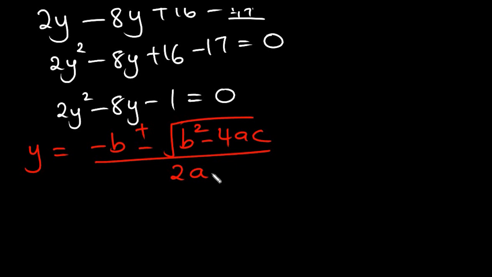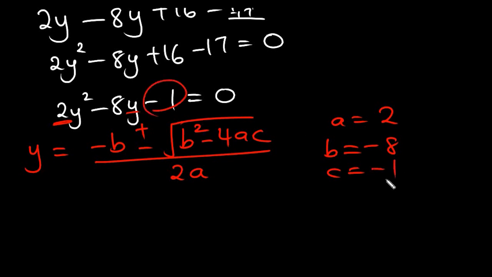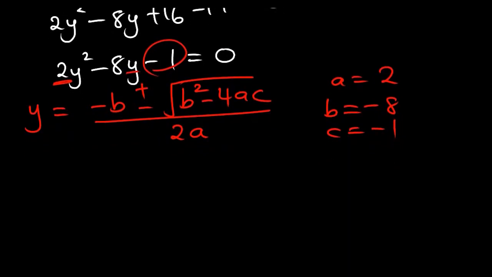Alright, so what is a, what is b, and what is c? So a is the coefficient of y squared, which is 2. b is the coefficient of y, which is negative 8. And c is the constant, which is negative 1. So we just need to plug in the values of a, b, and c into the quadratic formula to get the two values of y.